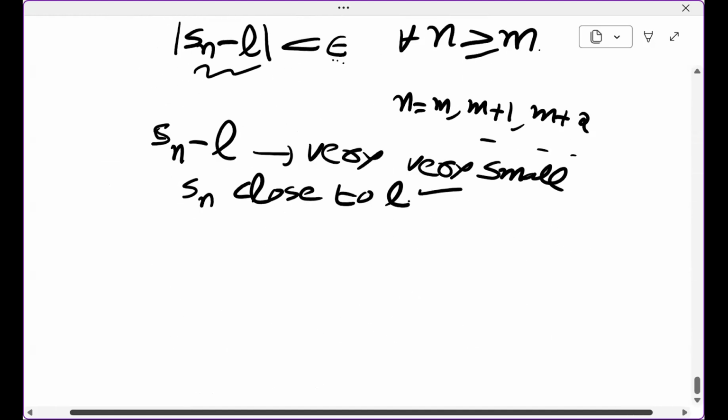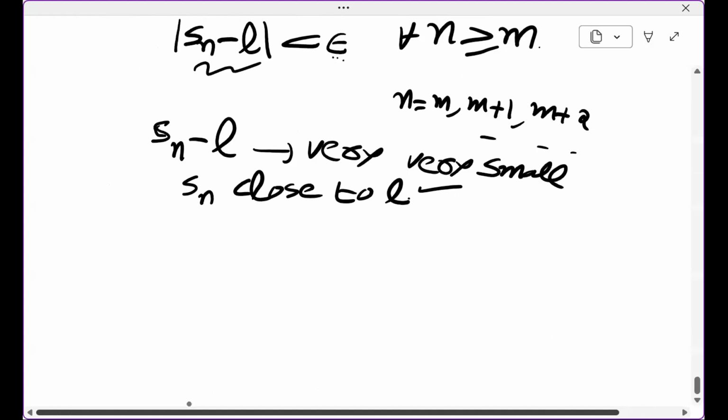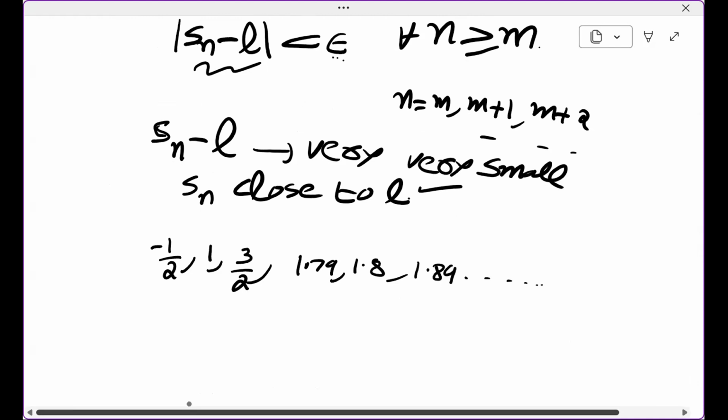Let us understand this. For example, this is minus 1 by 2. Let us say 1, then let us say 3 by 2. Then afterwards, it is getting close to some number, for example 1.79, 1.8, 1.89, and so on.